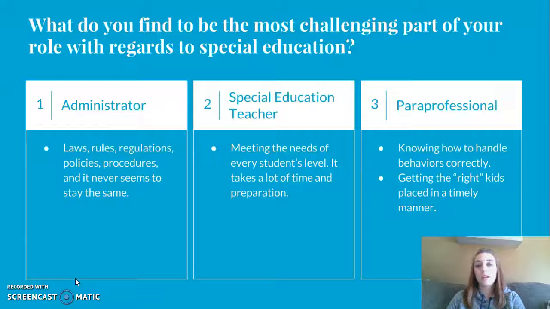You might think you're doing a great job in the moment, and then you second guess everything that you did. You try to reference your training that you've had, talk to your supervisor about it, but every child's different, and so you're always questioning if what you're doing is the right thing when it comes to behaviors. And getting the right kids placed in a timely manner. She said that when she's in a classroom, she's working with specific students, even though you're kind of working with the whole classroom.